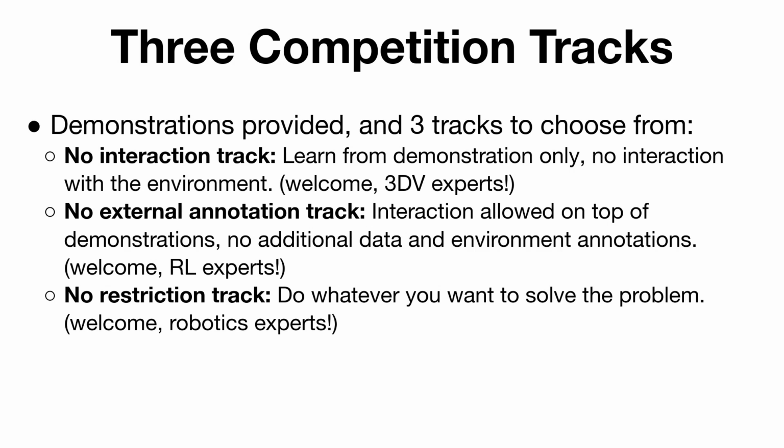This is a common setup for reinforcement learning. In the no restriction track, participants are encouraged to solve the problems using any methods. Note that these methods must work with objects which are not seen before, which is also difficult.